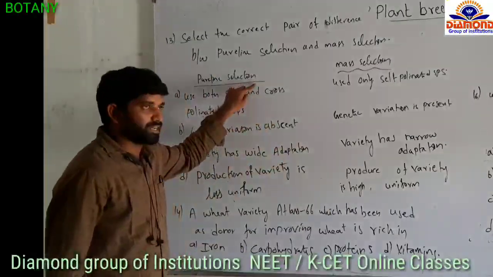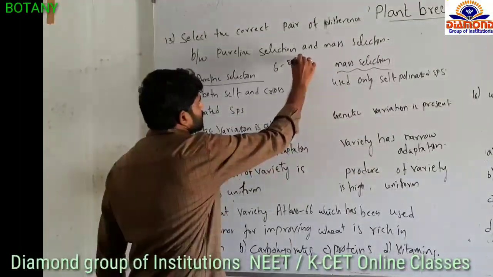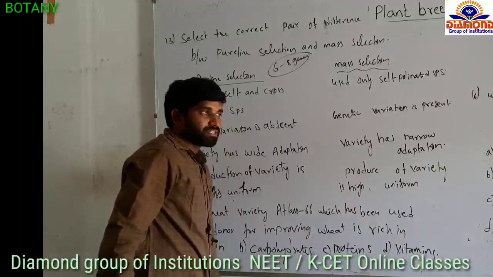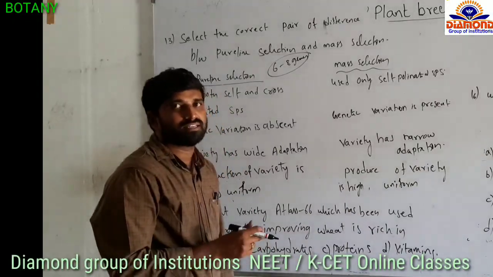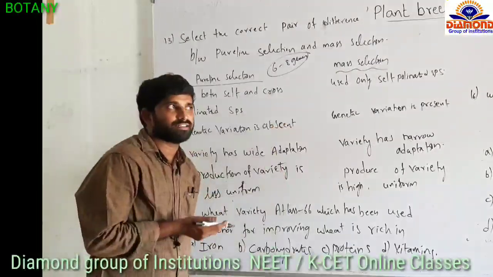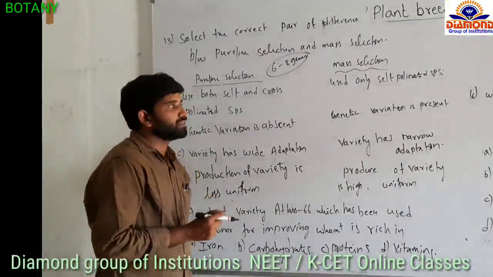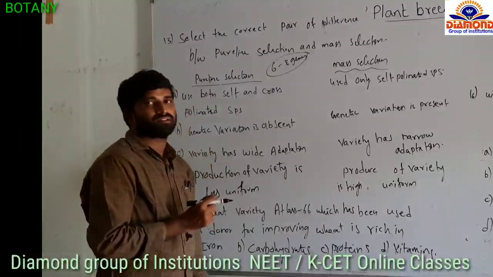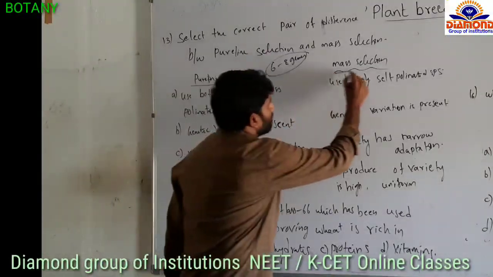To select pure lines, we have to perform self-pollination for 6 to 8 generations. The characters present in the parental plant remain even after the completion of 8 generations. Such parental plants we call pure line selections.